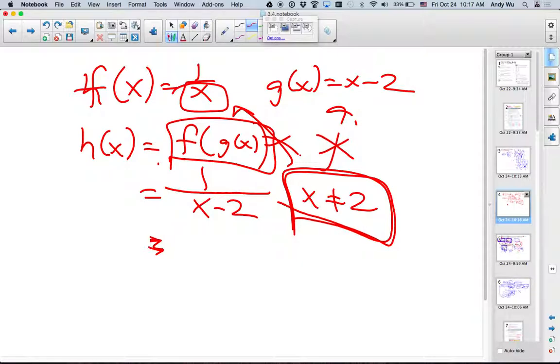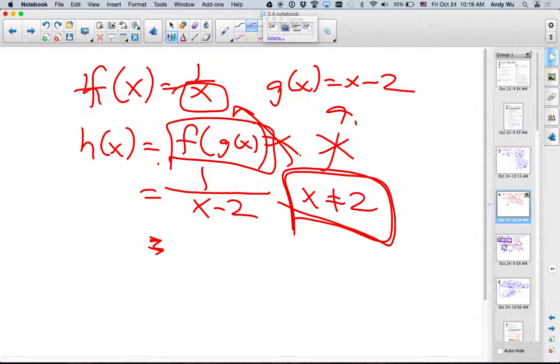So can x equal 0? Yes, x can equal 0, but not positive 2. If you plug in 0, 0 minus 2 is negative 2, and 1 over negative 2 gives you negative half. That's just fine, because the function that actually has a problem with 0 won't get a 0 when you plug in 0.